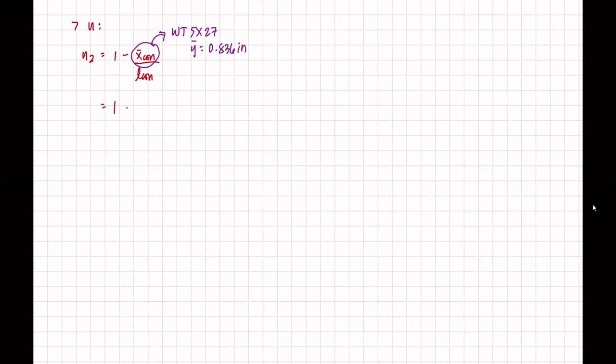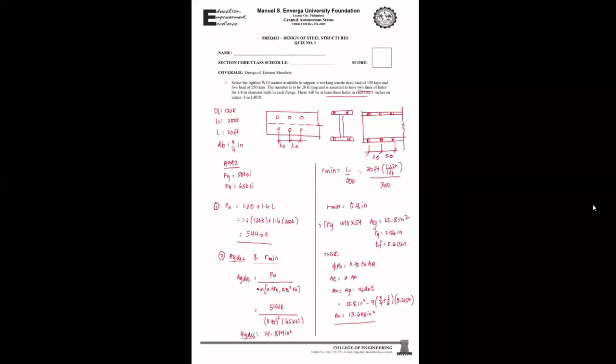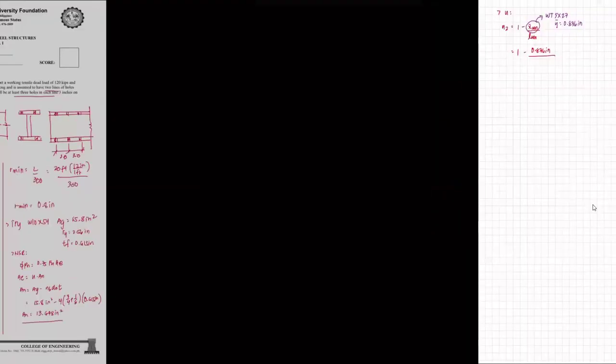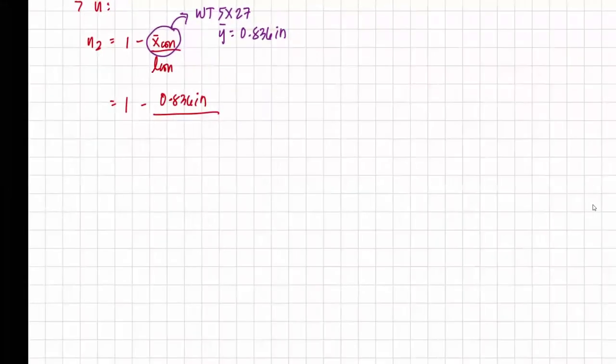So we have 1 minus 0.836 inch over L ko natin is the outer or the center to center distance of the outer bolts. So ito yun. That is total of 6 inches. So U2 was 1 minus 0.836 over 6. That is 0.861.